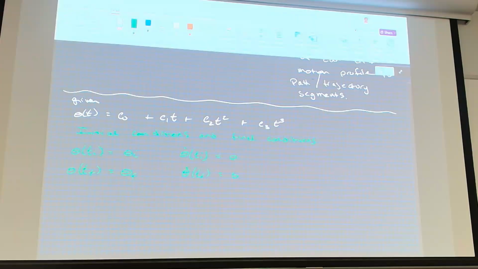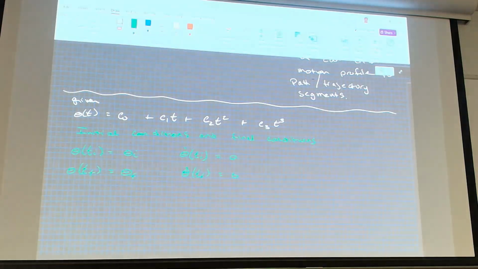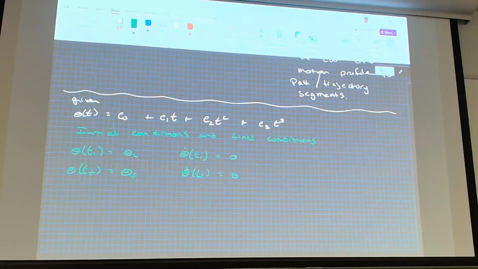And I say positional derivatives because that's what we're talking about. It's theta dot, right? It's with respect to time. As opposed to the partial, which is a Jacobian, which is related to another joint value or another position value, x or y, so another variable. This is all with respect to time because we're dealing with motion profiles, because we're dealing with time, because time is trajectories, because trajectories are paths with time.